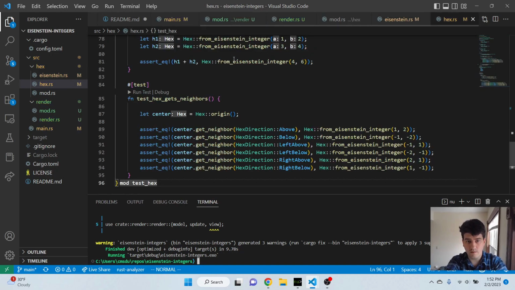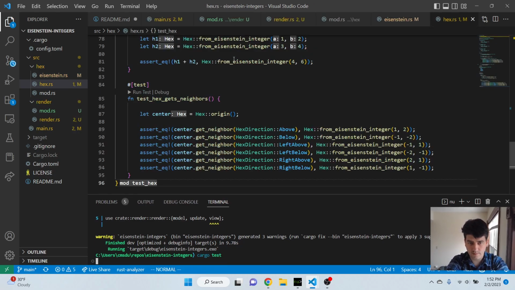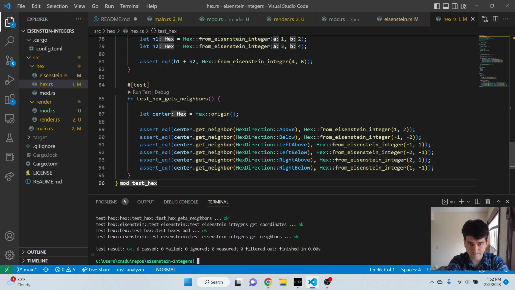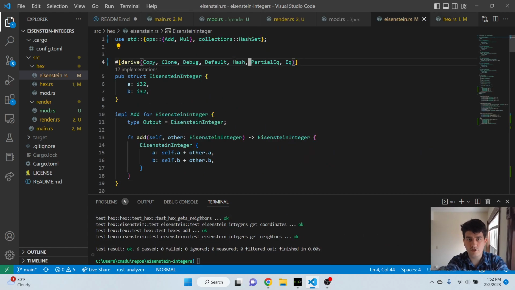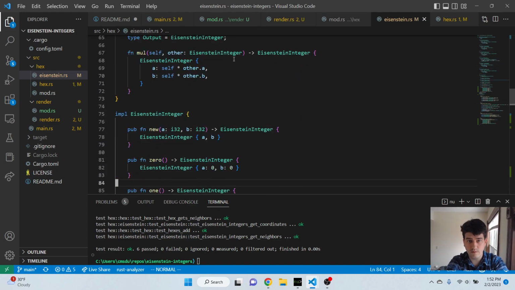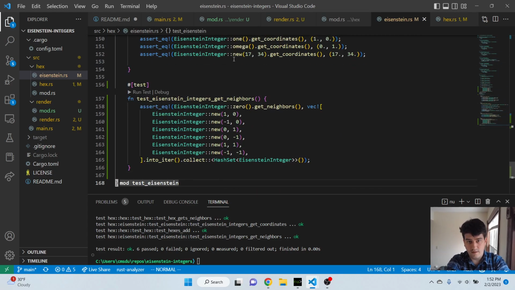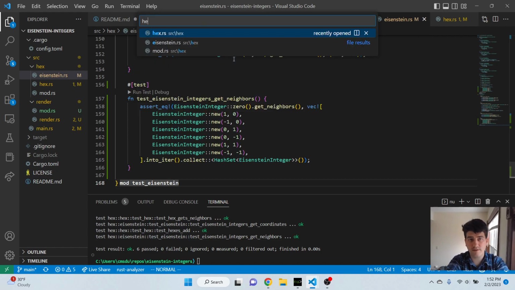And now test. Okay. And now Eisenstein should also be able to get all of its, I guess Hex should be able to get its coordinates now.